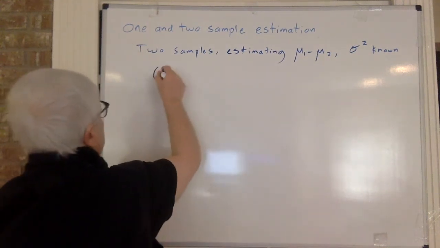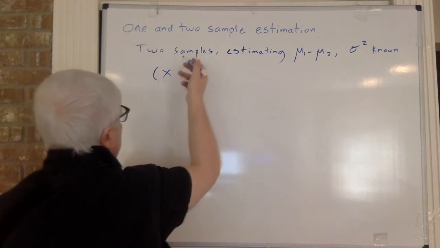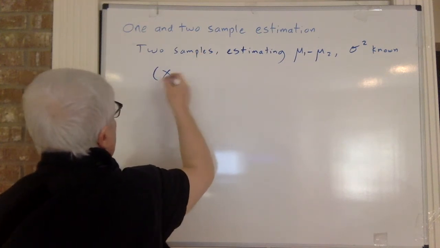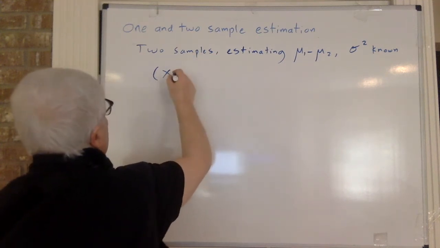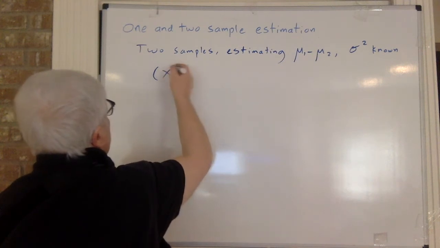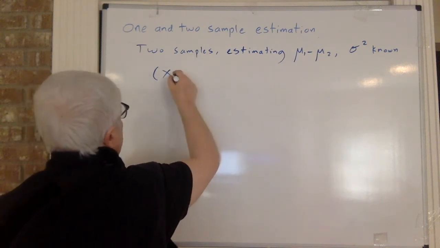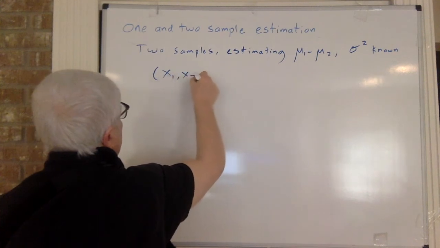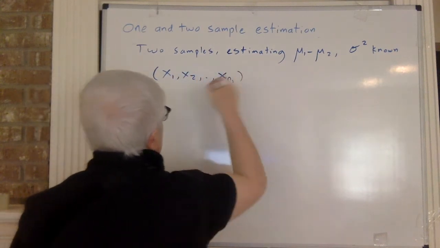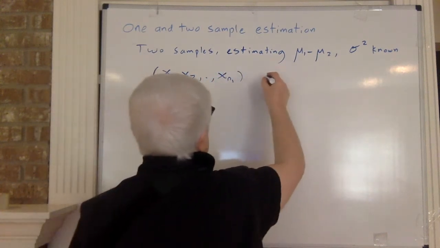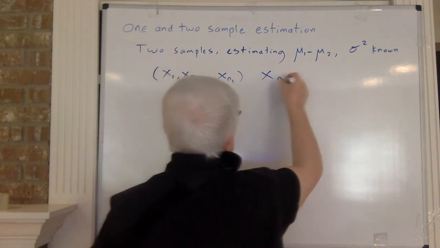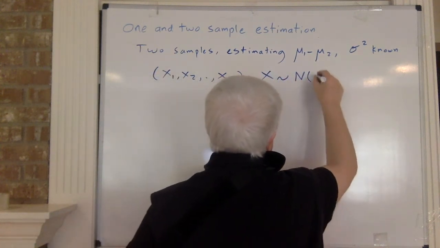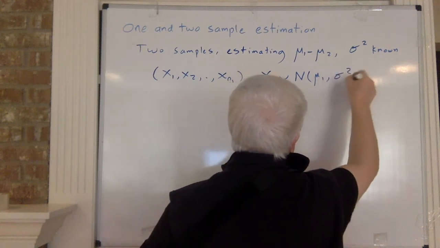So one of them is x, what should I call that? So two random samples, x_i and y_i, whatever. The first is taken from an X which is normal with mu1 and sigma 1 squared.